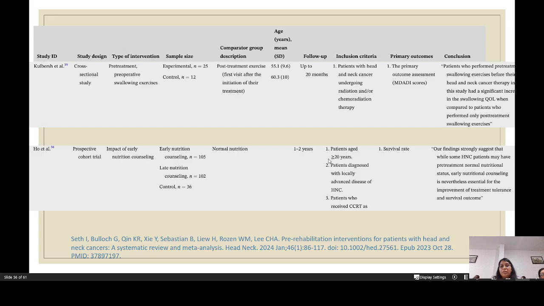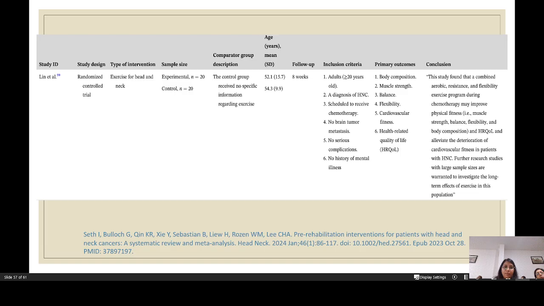Inclusion criteria was patients aged more than 20 years, diagnosed with locally advanced head and neck cancer, who received CCRT. Primary outcome was survival rate. Conclusion was our finding strongly suggests that while some head and neck patients have pre-treatment normal nutritional status, early nutritional counseling is nevertheless essential for the improvement of treatment tolerance and survival outcome.